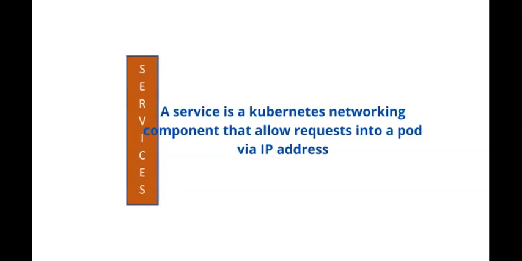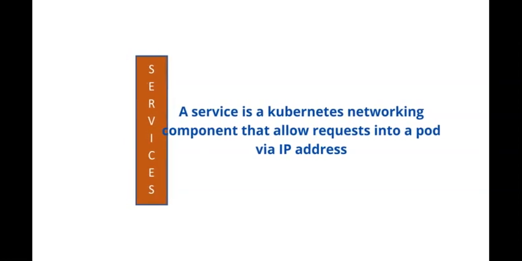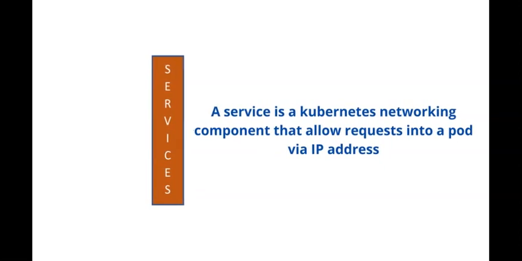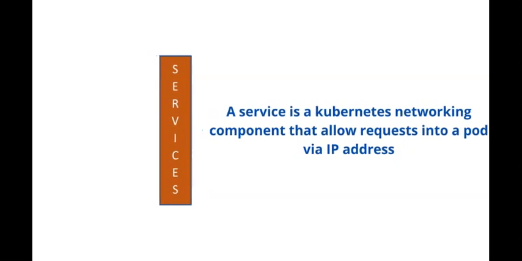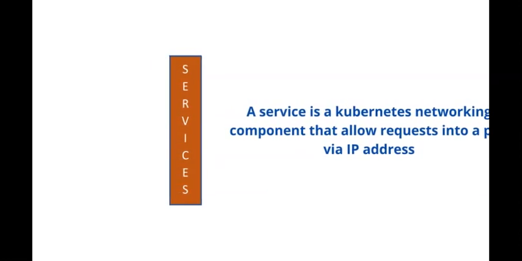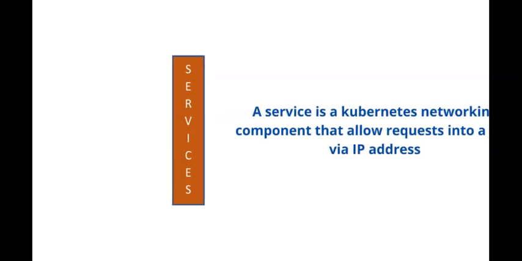The static IP address is assigned to a service instead of a pod, and the service sends the request to the pod. A service can also act as a load balancer, sending requests to the appropriate or less busy pod depending on the request.